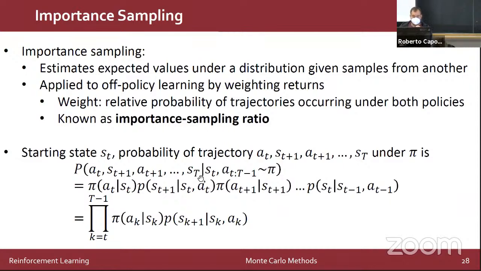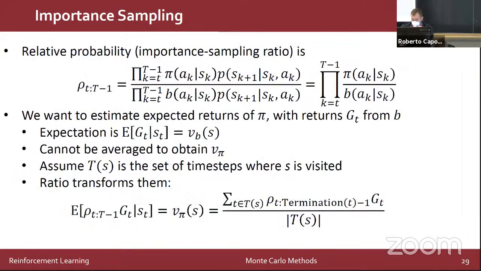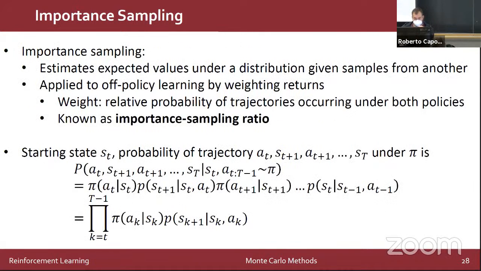So we said, if you have a starting state s_t, then the probability of a certain trajectory under the policy pi, and this is nothing new because this is something we have seen already from our probabilistic reasoning part, right?